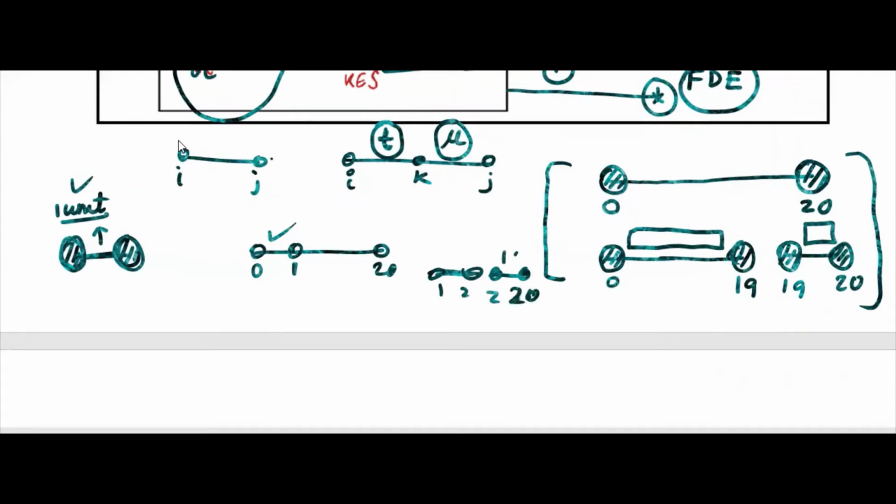This is 18, this is 1. So this is possible, this is 1, this is 19, this way. This is called backward, this is called forward. Forward means initially you have a big one, then you have a small one.